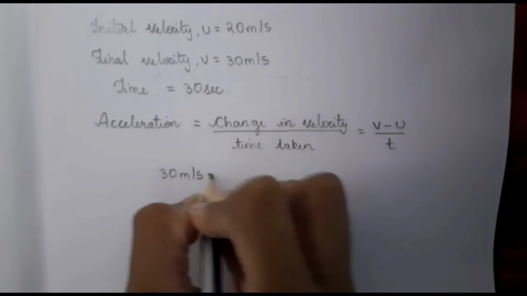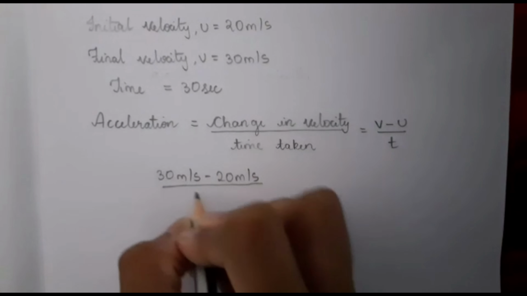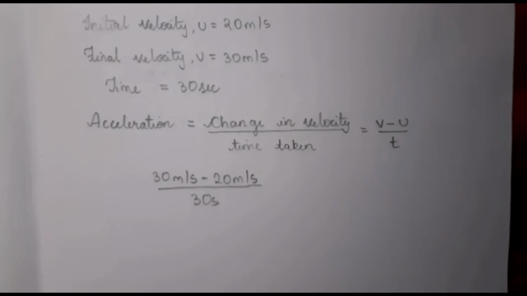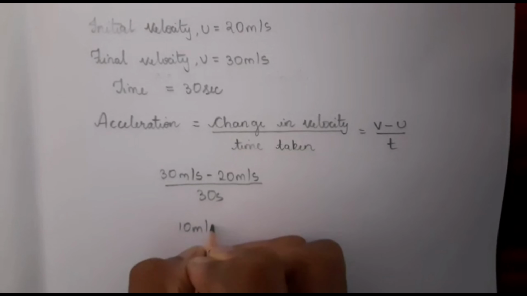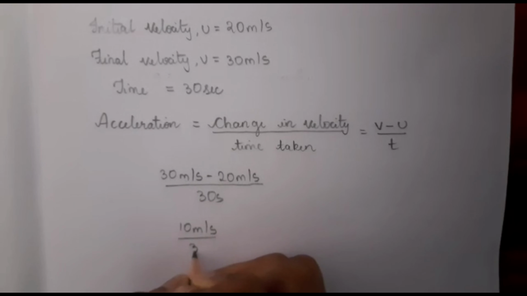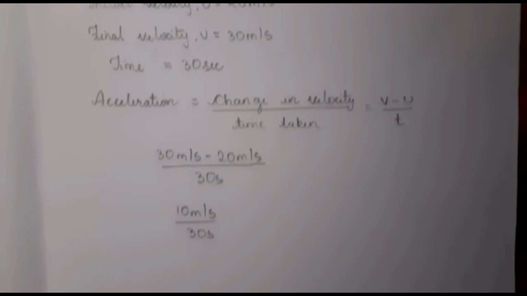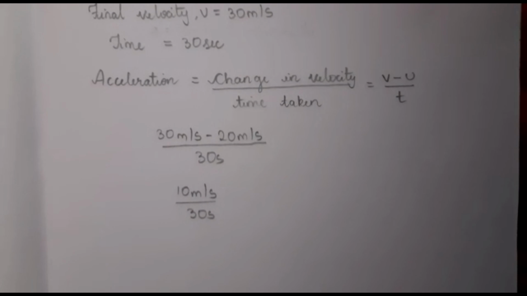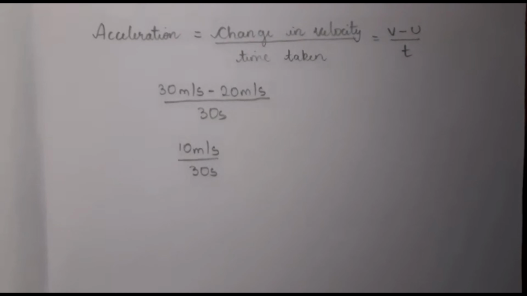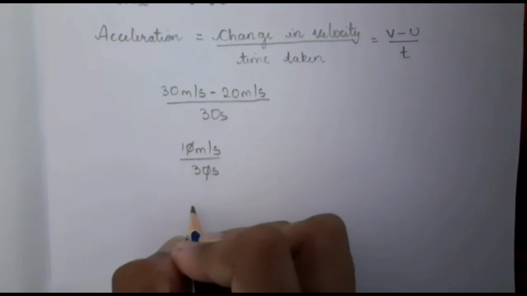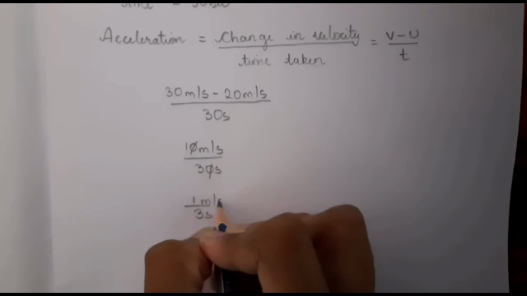V, 30 meter per second, minus U, 20 meter per second, divided by T, 30 seconds. After the subtraction we get 10 meter per second by 30 seconds. Now we can cancel the 0 and 0. After cancellation, 10 divided by 30, we get 1 meter per second by 3 seconds.